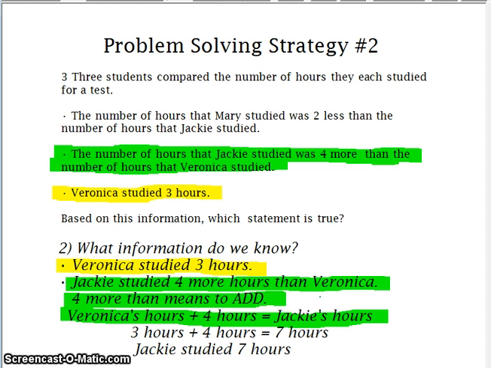Now let's look at what information we know. First, we know that Veronica studied 3 hours. We also know again that Jackie studied 7 hours because in the information given it says that Jackie studied 4 more hours than Veronica. 4 plus 3 is equal to 7.